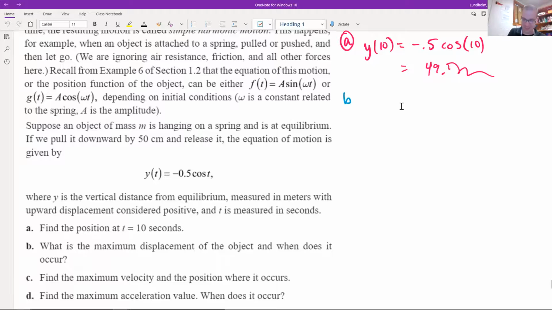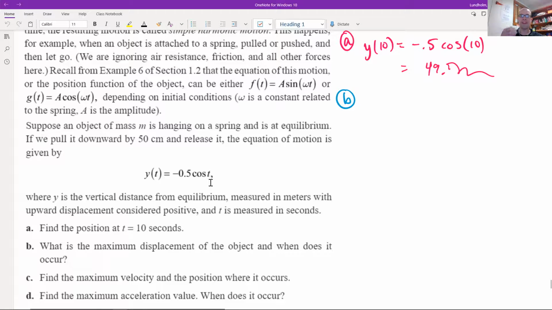That one's boring. Part B. What's the maximum displacement of the object and when does it occur? Well, since this is going up and down and we've pulled it down by 50 centimeters and we're not really accounting for any dampening of the motion over time, so we're ignoring air resistance, friction, all the other forces, this again is going to be just dependent on the cosine function that we have.